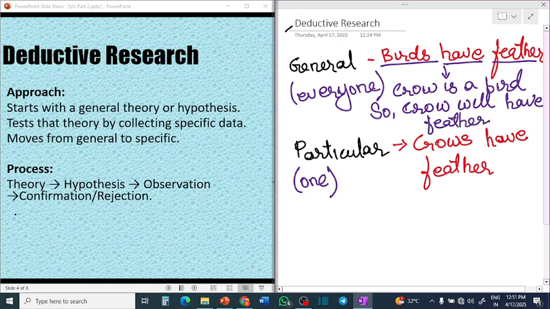Then we go on to observation. Observation is that we see that the crows have feathers. Last we confirm or reject. So we can confirm the theory that birds have feathers. So this is our deductive research.